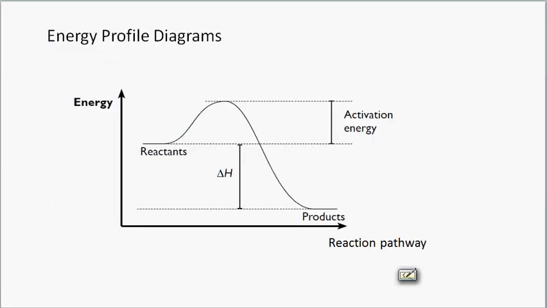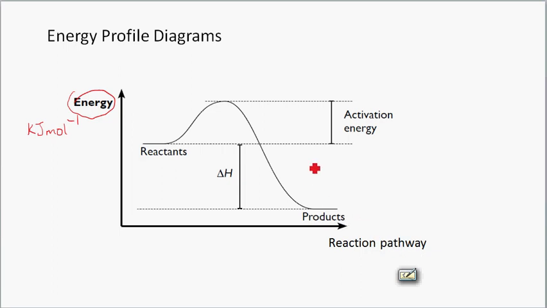Now, you will be expected to draw energy profile diagrams, and basically on the y-axis we have energy, and this is usually written as kilojoule per mole, and on the x-axis we have reaction pathway.